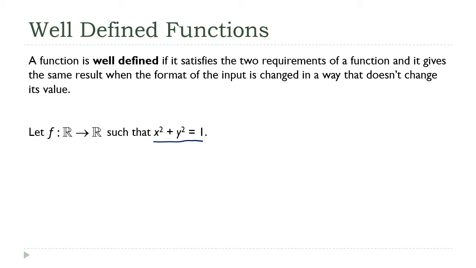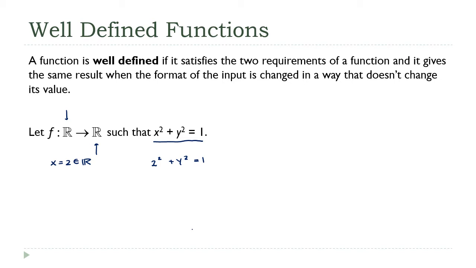Okay, so remember the first part of the definition. Every value in the domain has to have a matching value in the codomain, and that is not the case here. For example, 2 is a real number, but if I put 2 in here, I get 2 squared plus y squared equals 1.